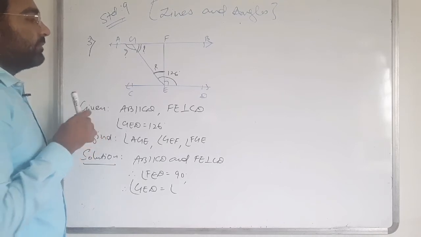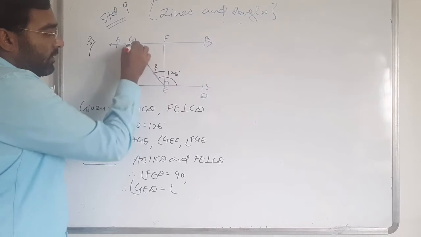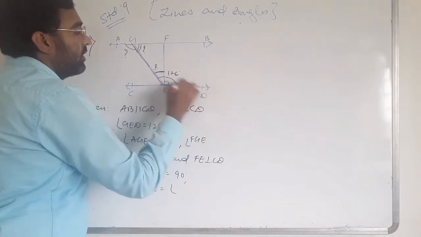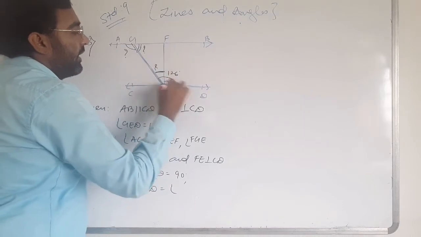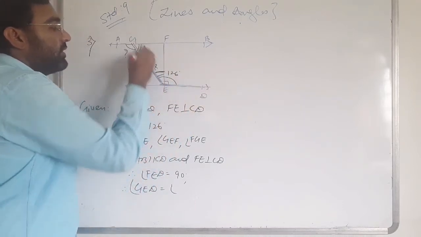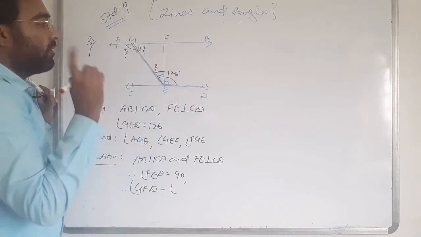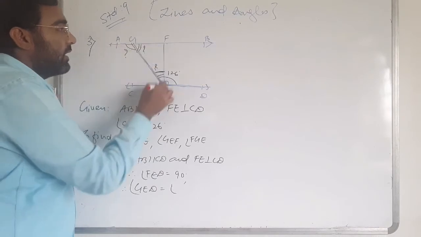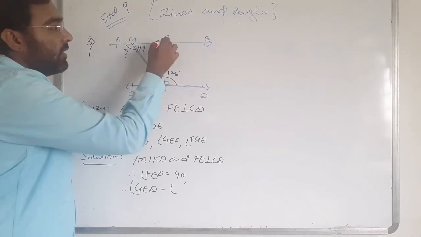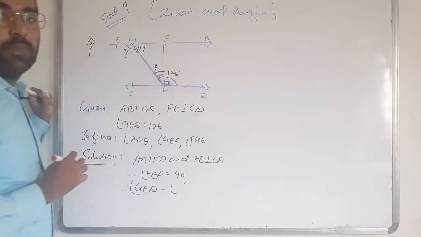I'll show that angle GED, this angle, is divided into two parts. One of them is GEF, this part, and the second one is FED, which together give 90 degrees.